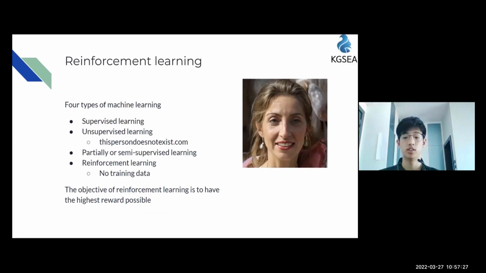So instead what they do is label just a portion of it and make it work that way. It's less effective, but it still works and it's far more efficient. So that's semi-supervised learning.